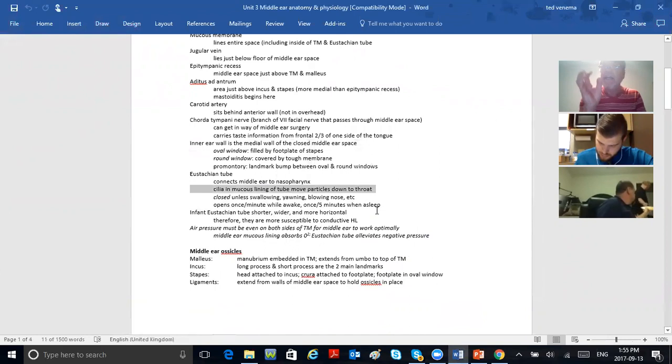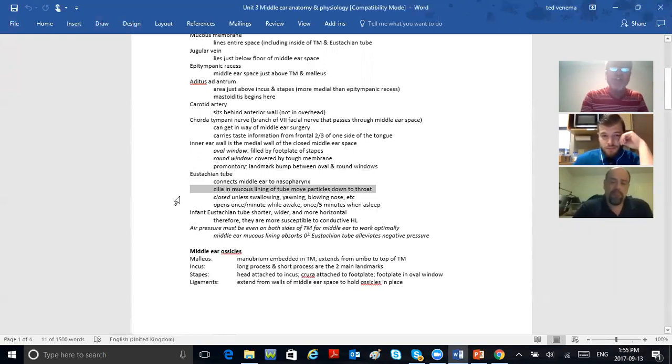Cilia, hairs, tiny hairs in your eustachian tube. Tiny little hairs are always moving like this. And they're always moving particles away from your middle ear down to your throat. It's naturally what occurs.